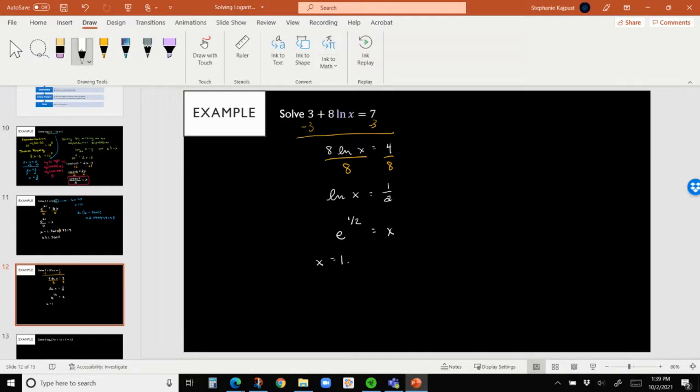So that gives me 1.648721271. So 4 decimal places would be after the 7. And again, because it's a 2 after the 7, we're going to just use the number 1.6487 as our approximation.